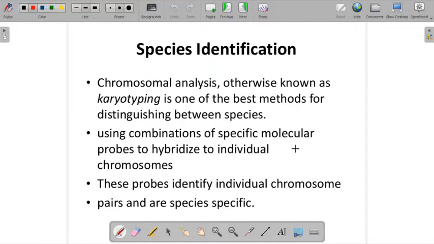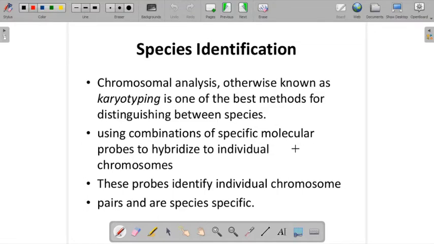Some organisms don't have a diploid state, with paired chromosomes; they contain just the haploid state. So karyotyping is very important.